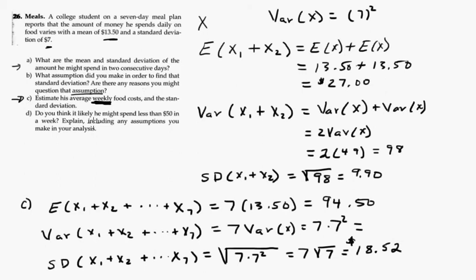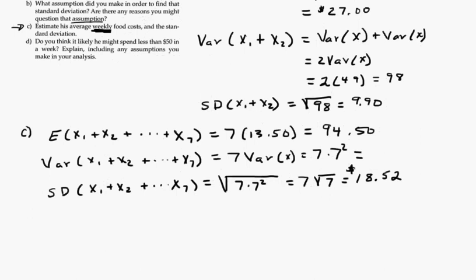Do you think it likely he might spend less than $50 in a week? Explain. Well, let's see. Assuming once again that spending on different days is independent, it is unlikely that the student will spend less than 50. This level of spending is about 2 standard deviations away.